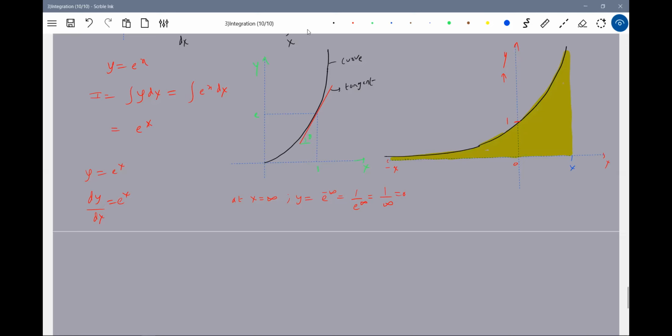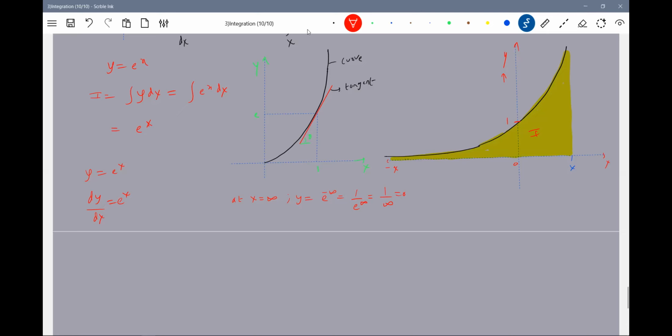So there's a meaning of the exponential. Integral of exponential will be exponential. Derivative of exponential will be exponential. This total area is I. Getting this one? Mathematically, first you accept it.